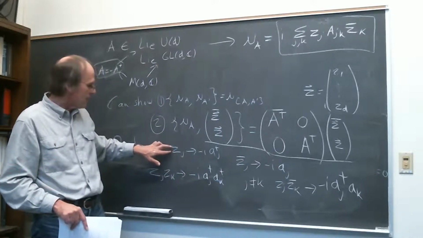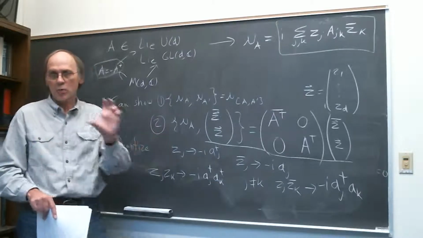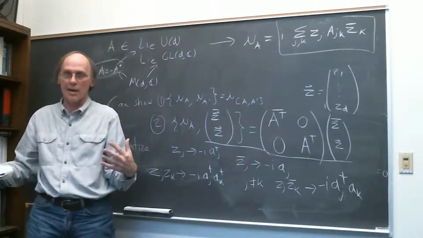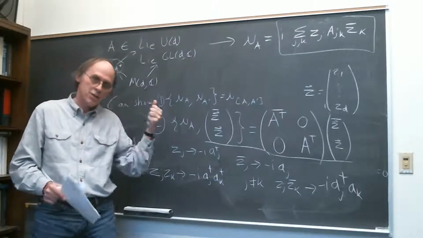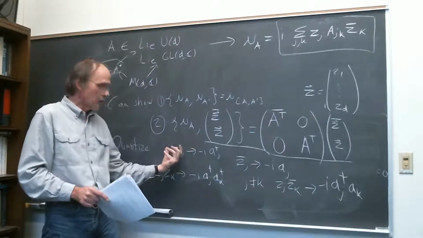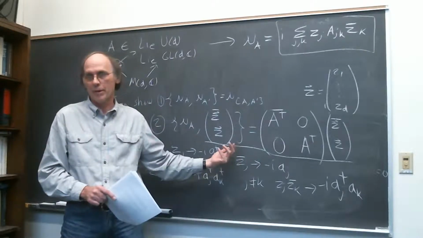If I take some combination of z and z bars which is real, so that if I conjugate it I get the same thing, that's in the real Lie algebra of the symplectic group, and that should become an anti-Hermitian operator.